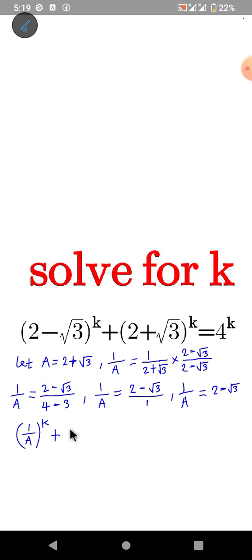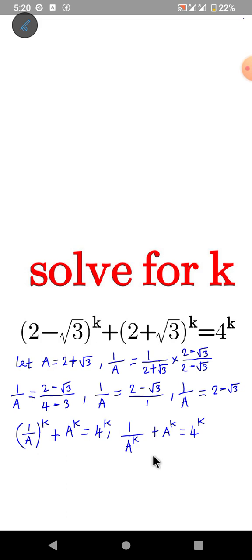So here will be plus a raised to the power of k, equal to 4 raised to the power of k. Then we continue. This expression can now be written as 1 over a raised to the power of k, plus a raised to the power of k, equal to 4 raised to the power of k.